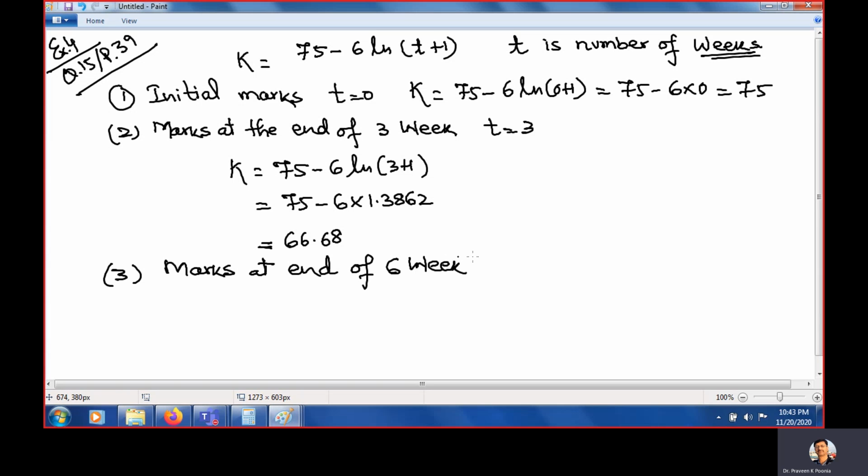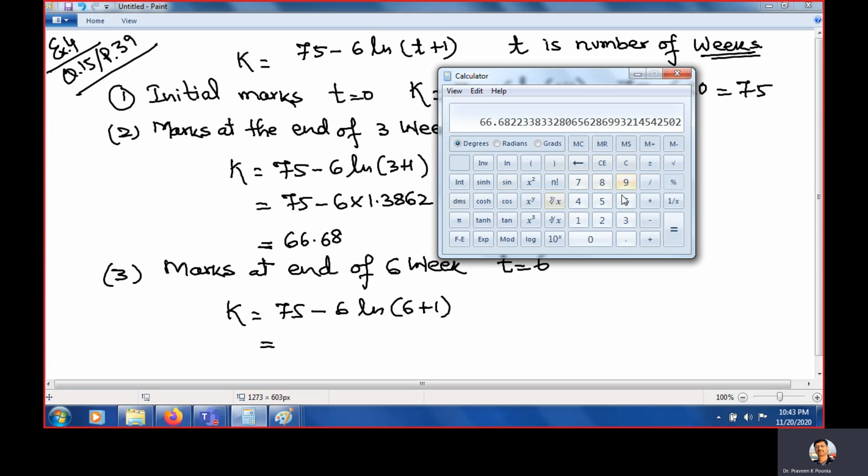So now the marks at the end of week 6. So t is equal to 6 here. So K is equal to 75 minus 6 ln of 6 plus 1. Now no need to write any calculation. If you see, I will use the calculator. 6 plus 1 is 7. So first I will calculate ln of 7, now multiply by 6.